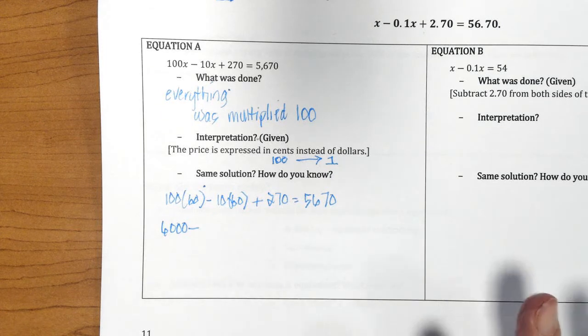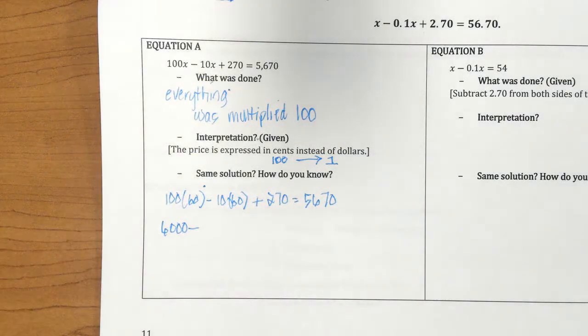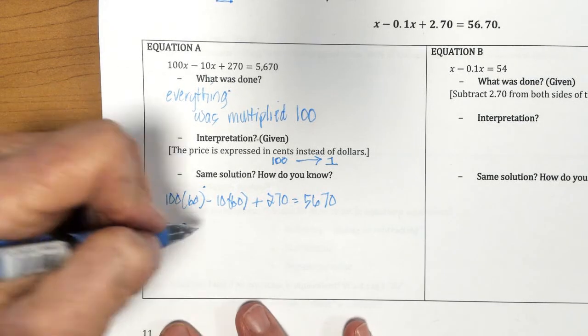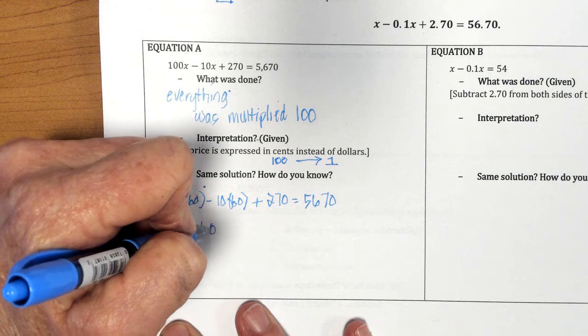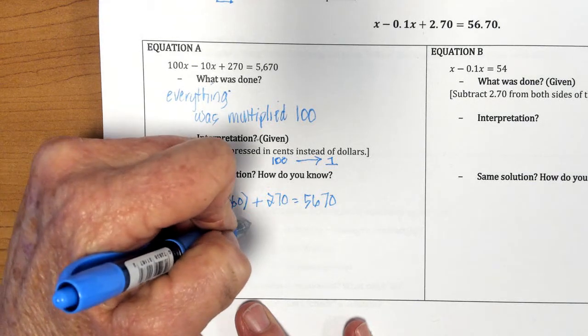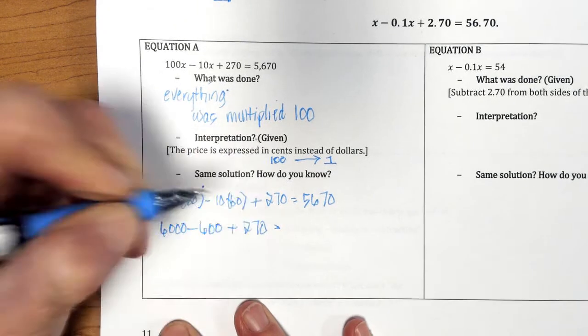It should be 6,000. So 100 times 60 is 6,000. And 10 times 60 is 600. And if I add 270 back, does that equal 5,670?